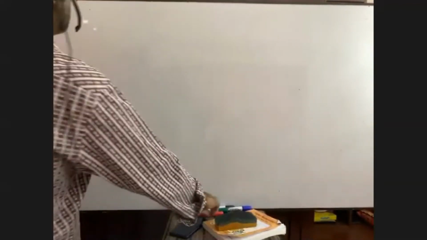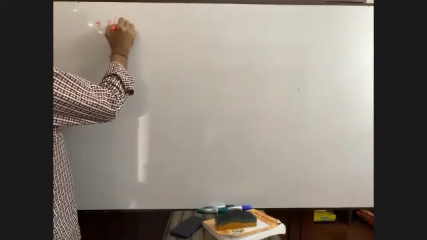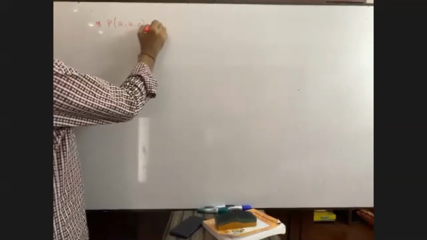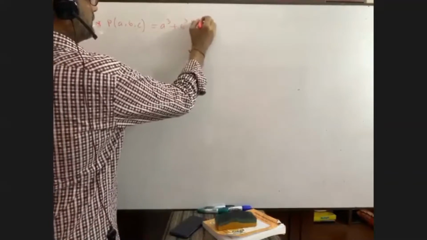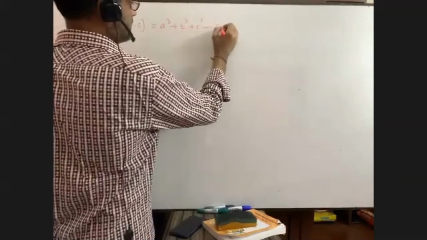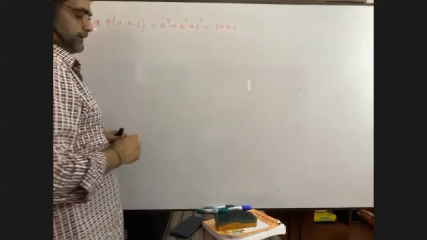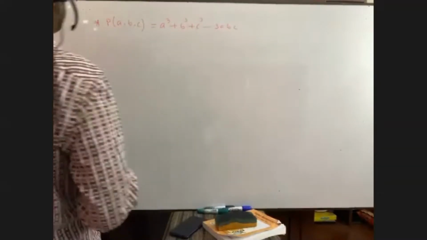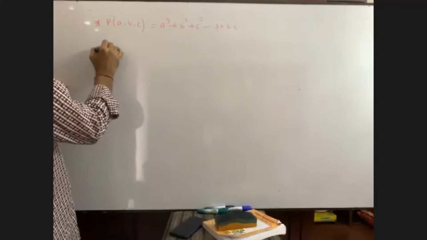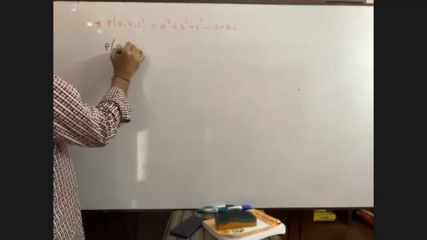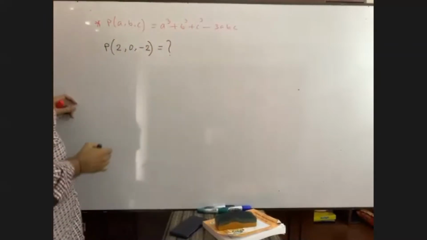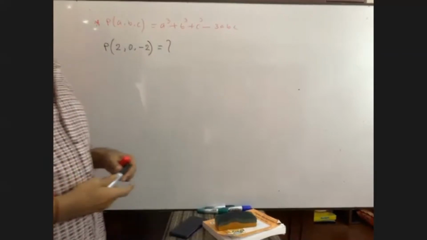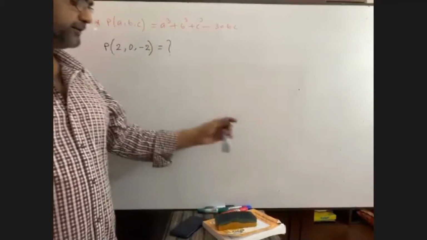Write down P of ABC equals A cube plus B cube plus C cube minus 3ABC. Okay. Now can you find P of 2, 0, minus 2 equals to what? What is meant by this? The first thing, what is meant by this?